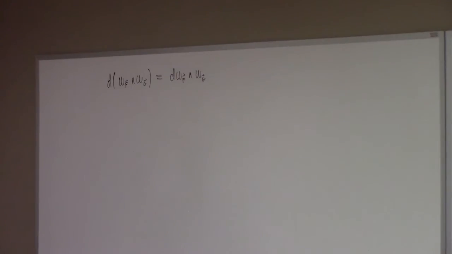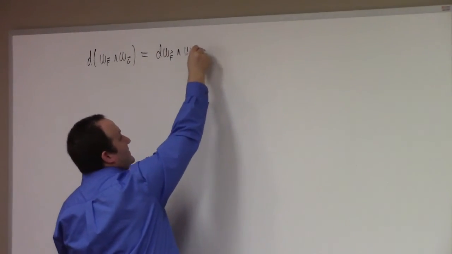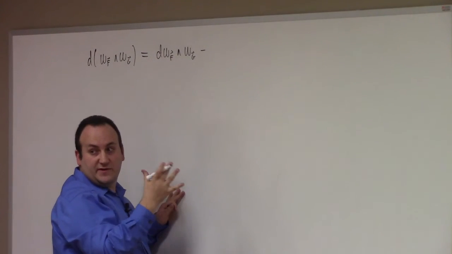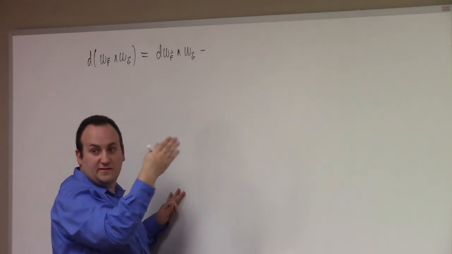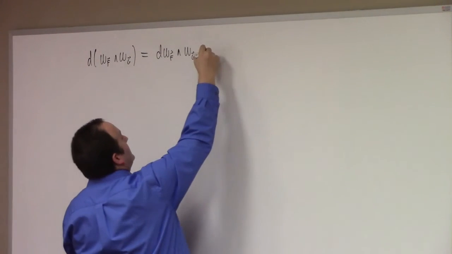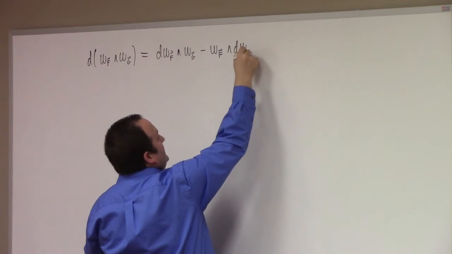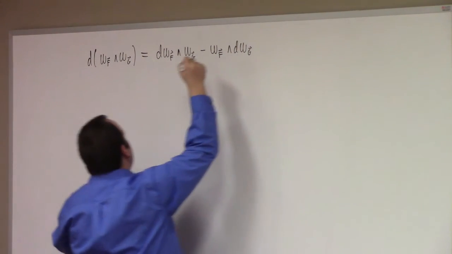So minus 1 to the 1 is what? Minus. So the product rule is kind of surprising. It's plus minus, plus minus, depending on the degree of the form. Here it's minus.